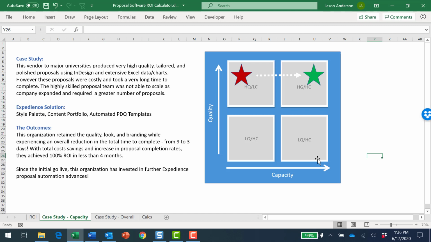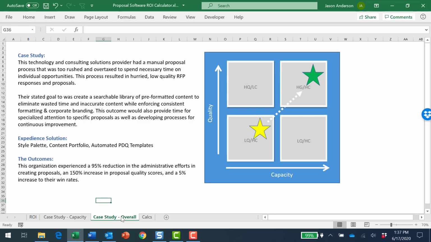Again, they anticipate an even greater impact on their time to get the proposal out the door, and also an accuracy bump from taking away a very manual and risk-loaded activity when it comes to copying and pasting all these elements from Excel.